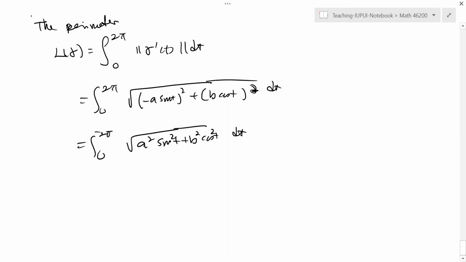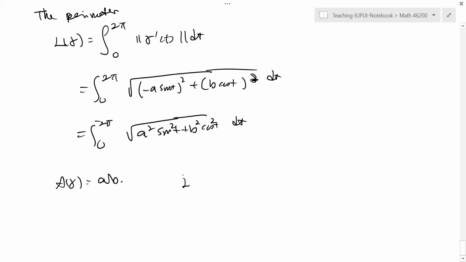Now, is there any estimate we can do? On one hand, we have the area of gamma equals pi AB, and then we have the above identity.